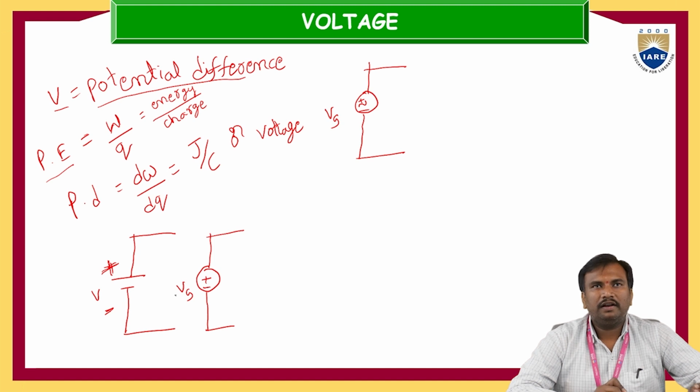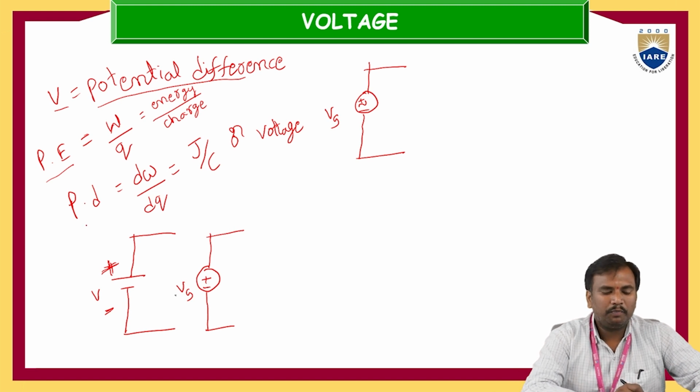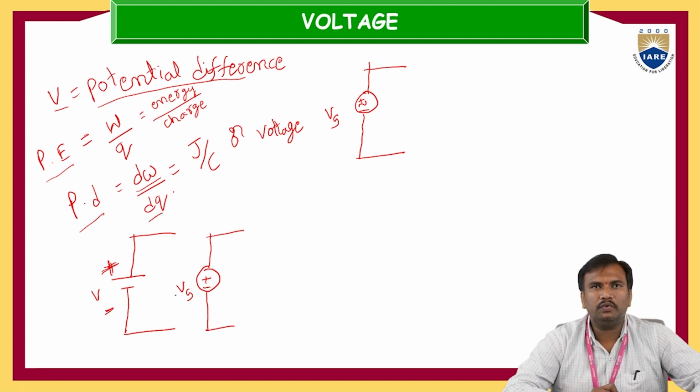We have defined voltage as the potential difference between 2 points in an electric field, where potential difference is equal to dW by dQ, that is change in energy by change in charge. The units of energy are joules and of charge are coulombs.